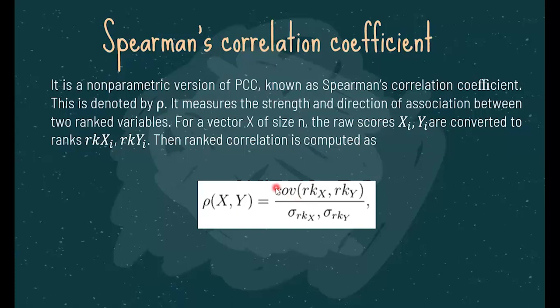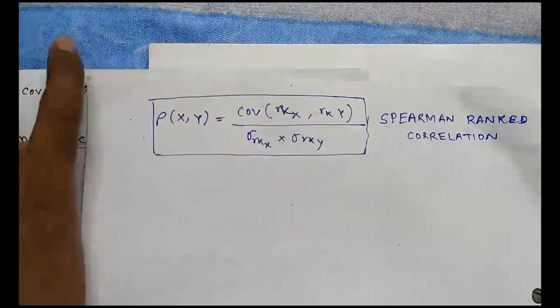That is, covariance of rank of x and rank of y, divided by sigma rank x into sigma rank y, where the value of each xi is converted into rank xi. So here is my GRE and GPA.